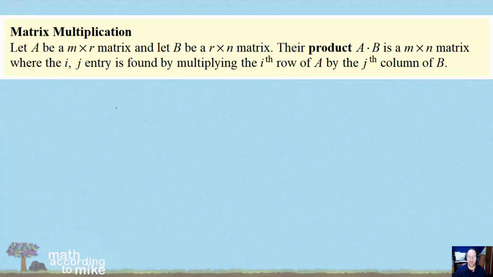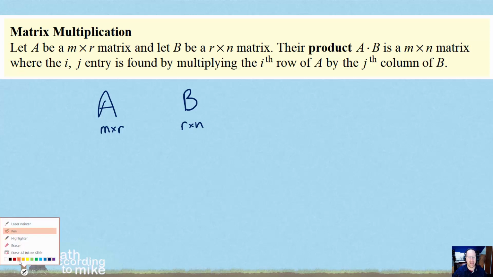So A is M by R, and B is R by N. Notice how many columns does A have? It has R columns. How many rows does B have? It has R rows.